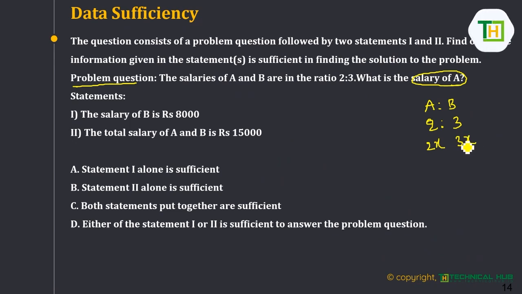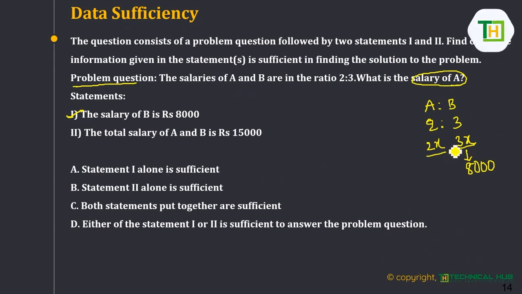Now take statement 1 alone. Don't take statement 2. What is it? The salary of B is 8,000 rupees. They have given the value of 3x, that is, 3x is equal to 8,000. If 3x is equal to 8,000, can I find the value of 2x or not?